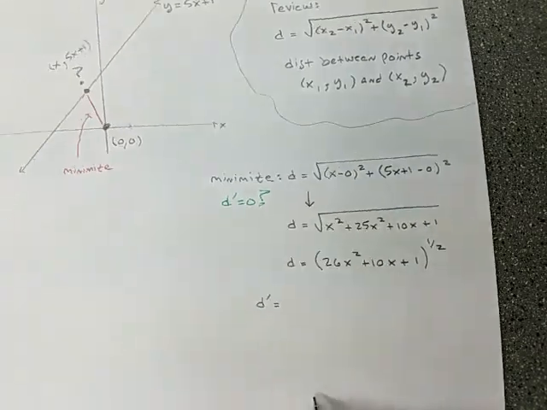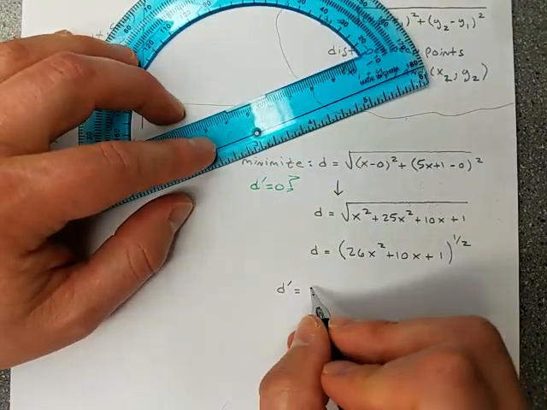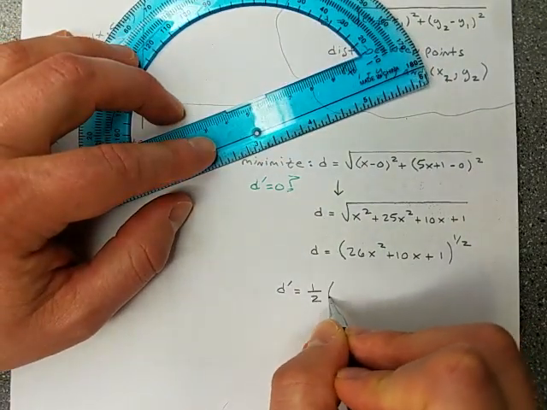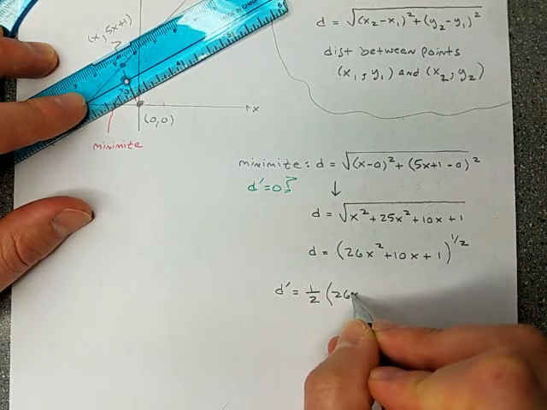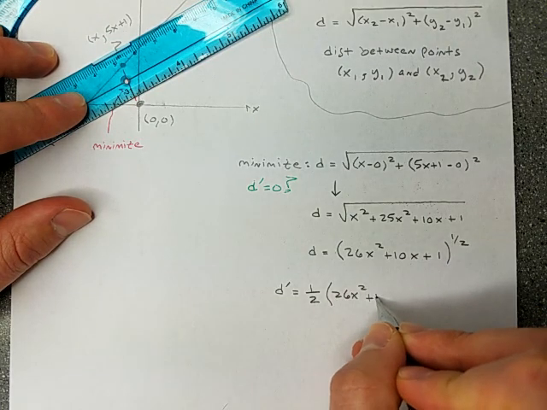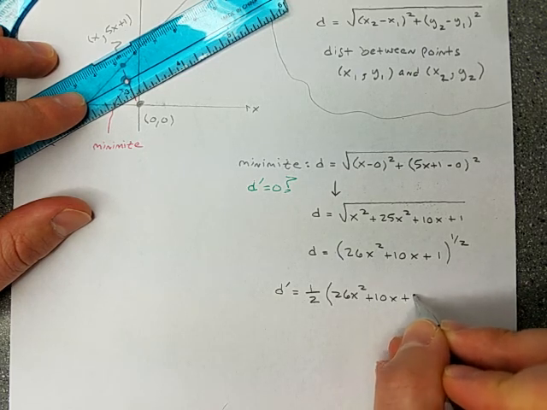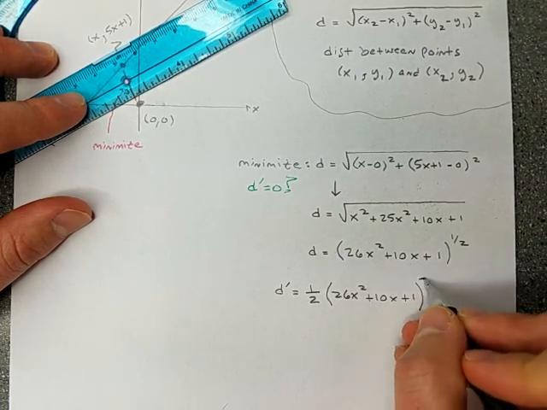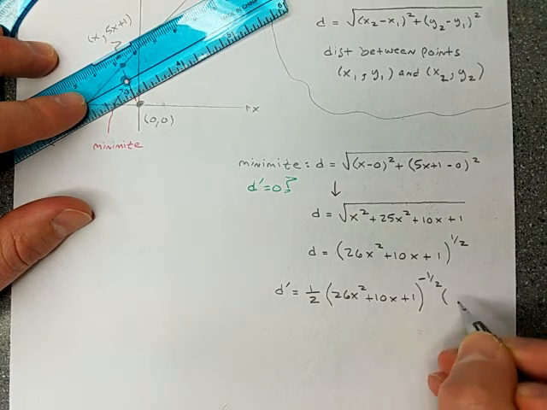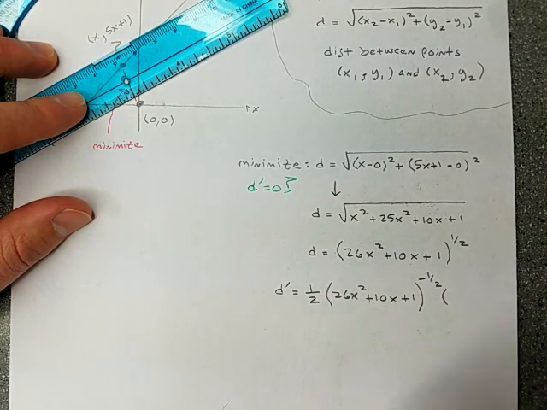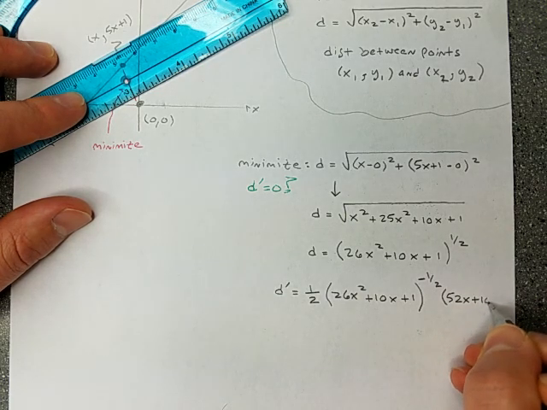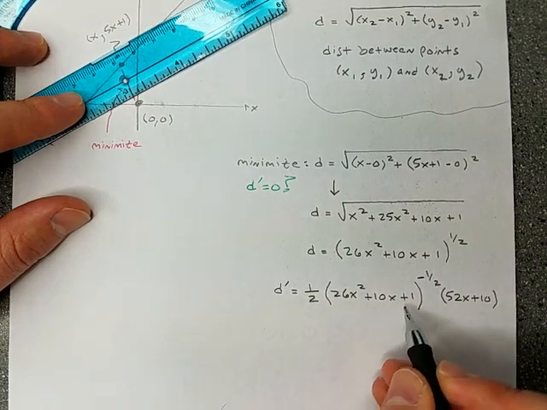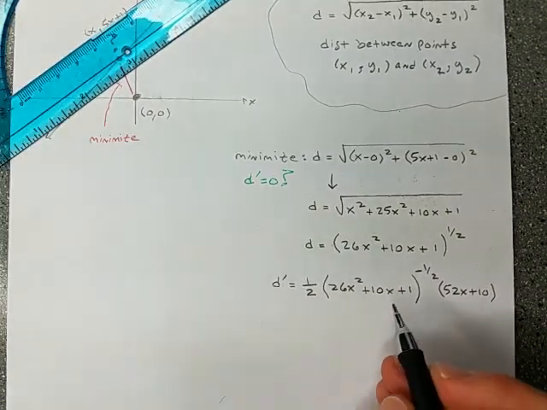So that would be 1/2, and by the chain rule, 1/2 times 26x squared plus 10x plus 1 to the minus 1/2 power, and then here 52x plus 10, the derivative of that interior part, the u part from the chain rule.